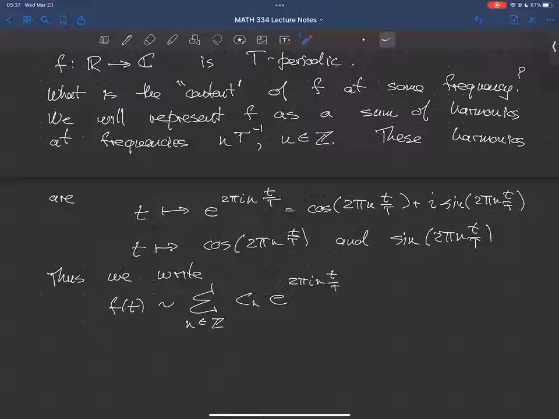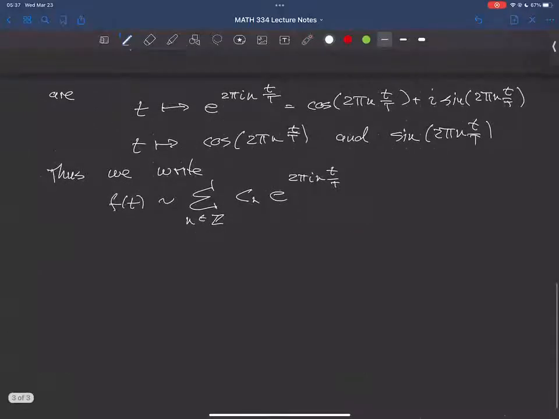It's very much not clear that that's a reasonable thing to do, and the reasonableness of that comes down to what that little tilde symbol might mean. But that has to do with things like convergence of this infinite series, and those are things that we're going to talk about. But let's just forget about the finicky mathematics for a moment, and pretend this formula actually makes sense, and try to deduce what these coefficients in the linear combination must be.